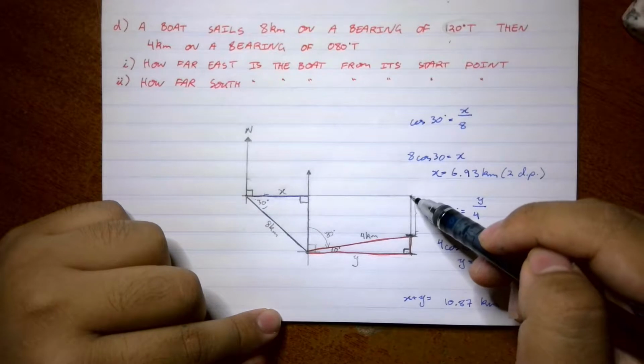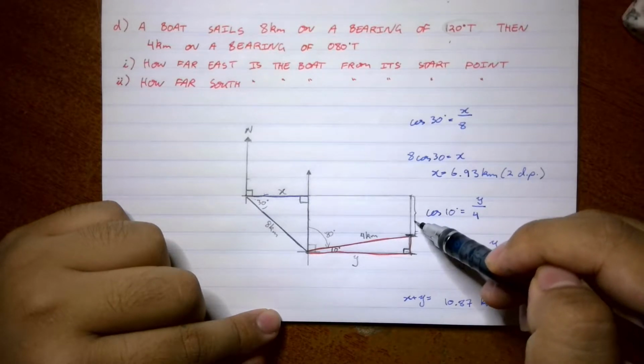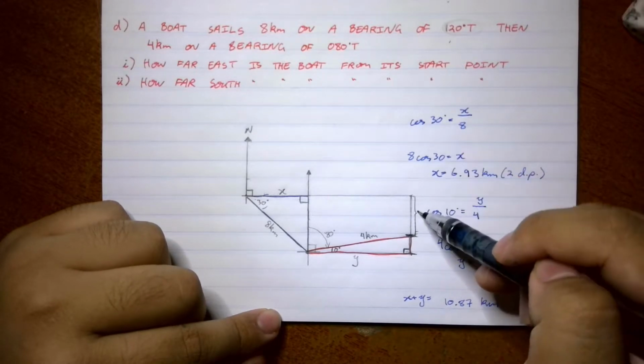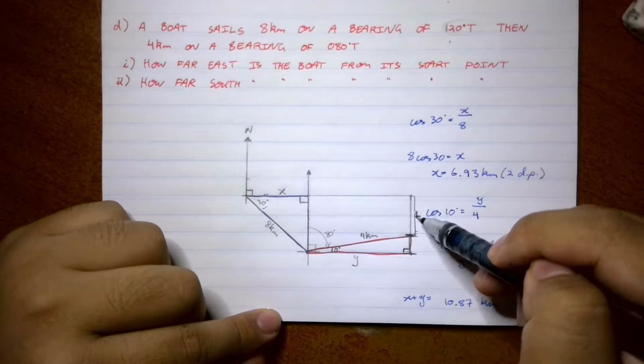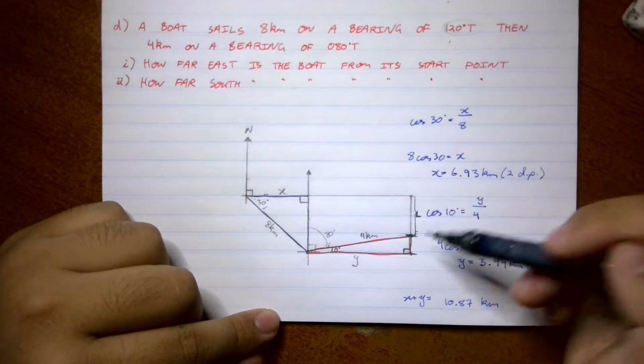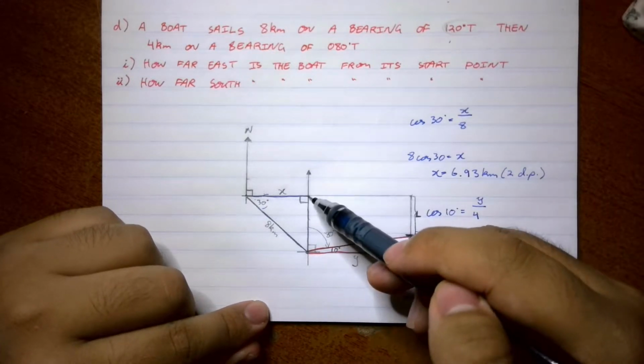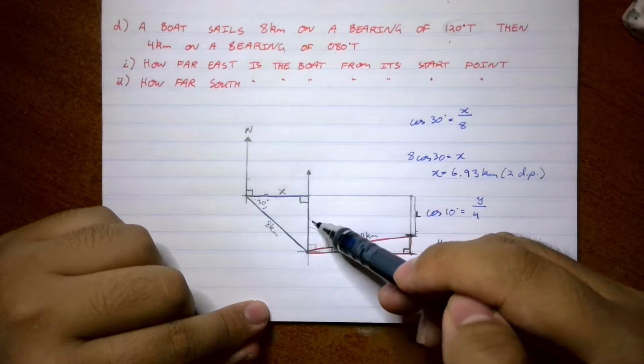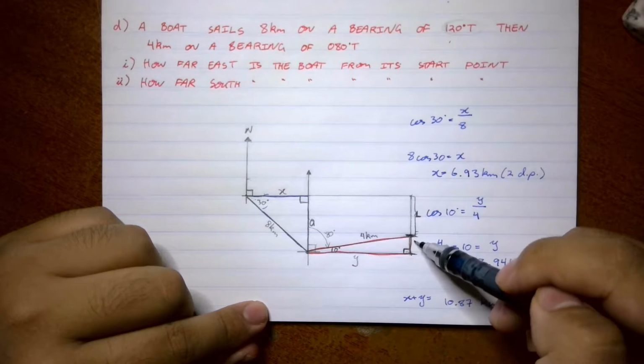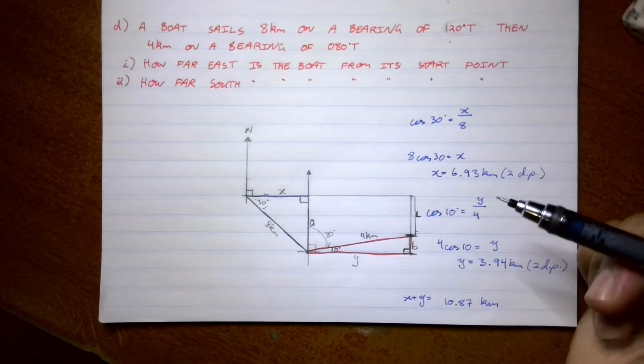So let's label this point here. Label this length here L, because that's the length that we want. This length here, let's label it A. And lastly, this length here is B.